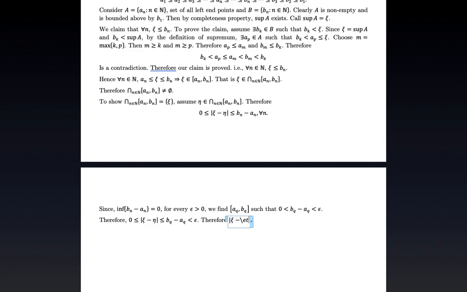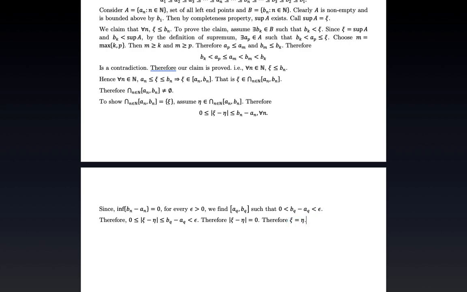Xi minus eta has to be 0. There is no other way out, because xi minus eta is smaller than every positive number epsilon. So xi minus eta has to be 0. Therefore xi is equal to eta.